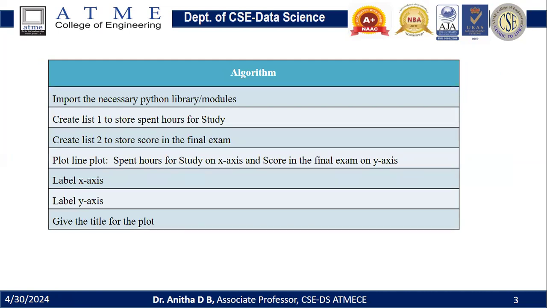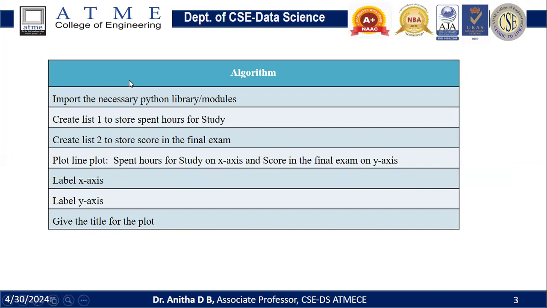Now, first we will discuss the algorithm before writing the program. In the Python program, the first point is we need to import the necessary libraries or modules. The second step is create a list to store spent hours for study.